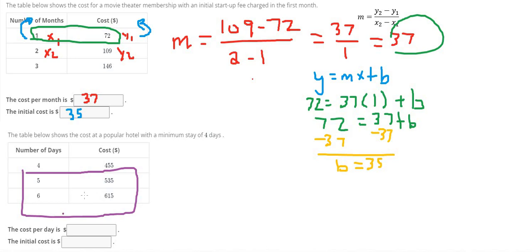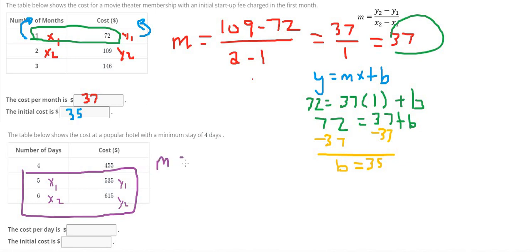So again, when you're kind of new to it, as you are, you want to identify your x's and y's first. So my first x is 5. My second x is 6. My first y is 535, and my second y is 615.